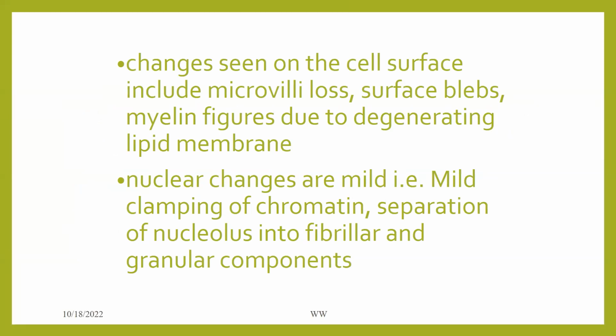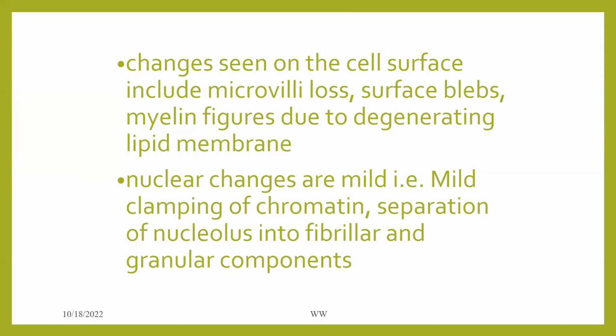What are some of the changes we see on some of these surfaces? There's a loss of microvilli. The cells that show microvilli, like in the GIT, there's a loss of those ones. Then you start getting protrusions, which are called surface blebs. And we start getting disaggregation of myelin and forming what we call myelin figures.